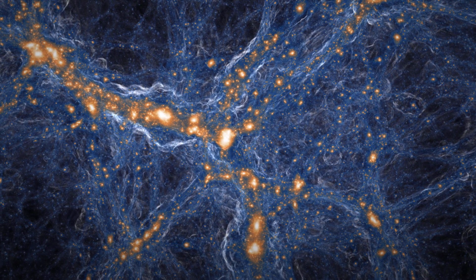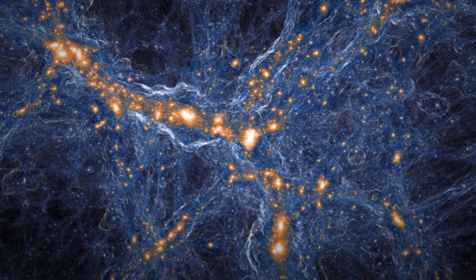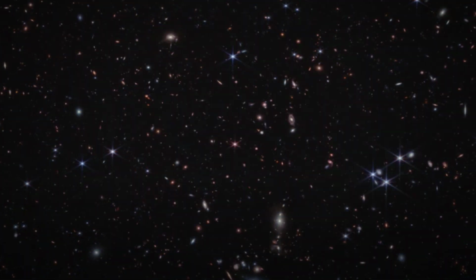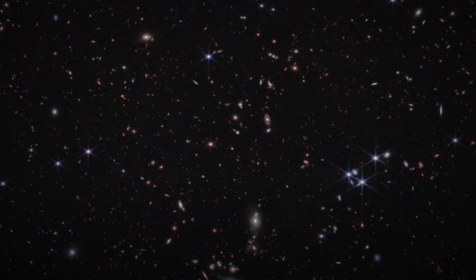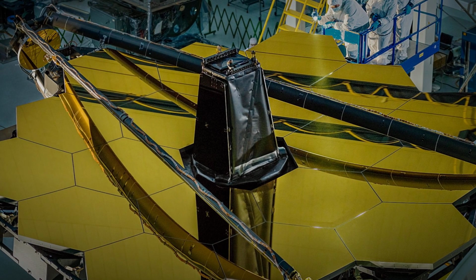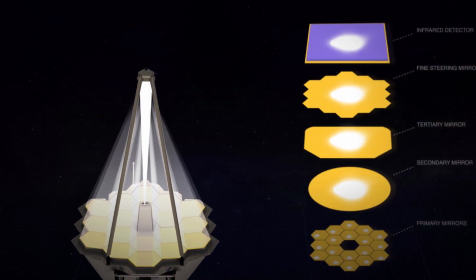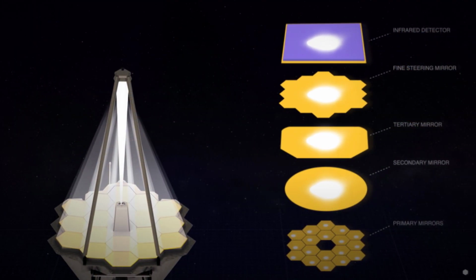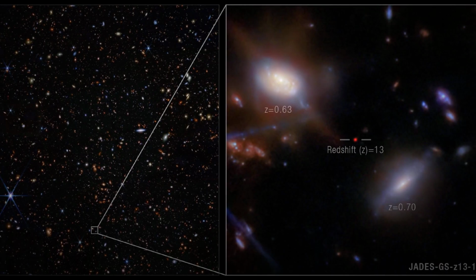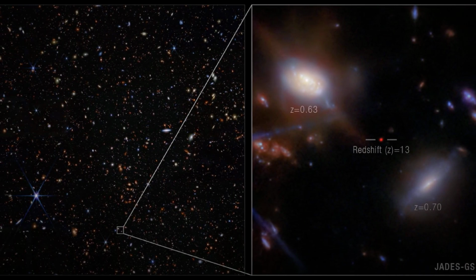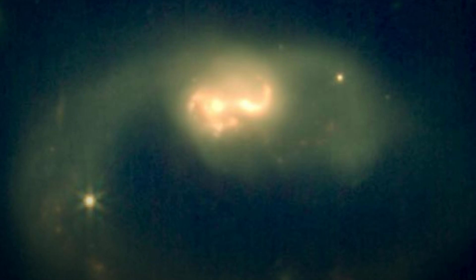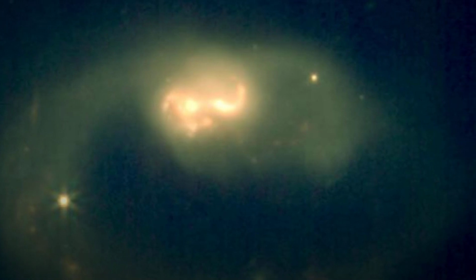The universe during reionization was opaque in ways that blocked the view of every telescope that came before. Webb changed that. Its infrared cameras can peer through the haze of that era in ways no previous instrument could. What it found when it looked at the period just after reionization ended was not what anyone expected.